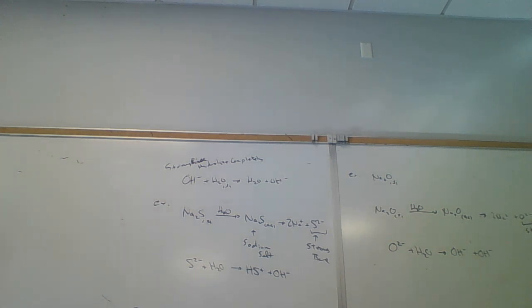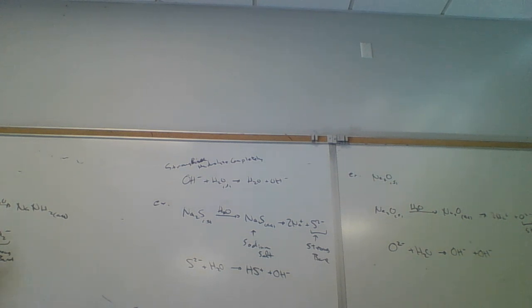If I do sodium amide, solid, sodium amide is soluble. All sodium salts are soluble, so I'm going to get sodium amide AQ. Sodium amide AQ is a strong electrolyte because it's a soluble salt, so it's going to dissociate into the ions sodium plus and NH2 minus. Amide is a strong base, and strong bases hydrolyze completely. So amide reacts with the water, water is going to give up a hydrogen.